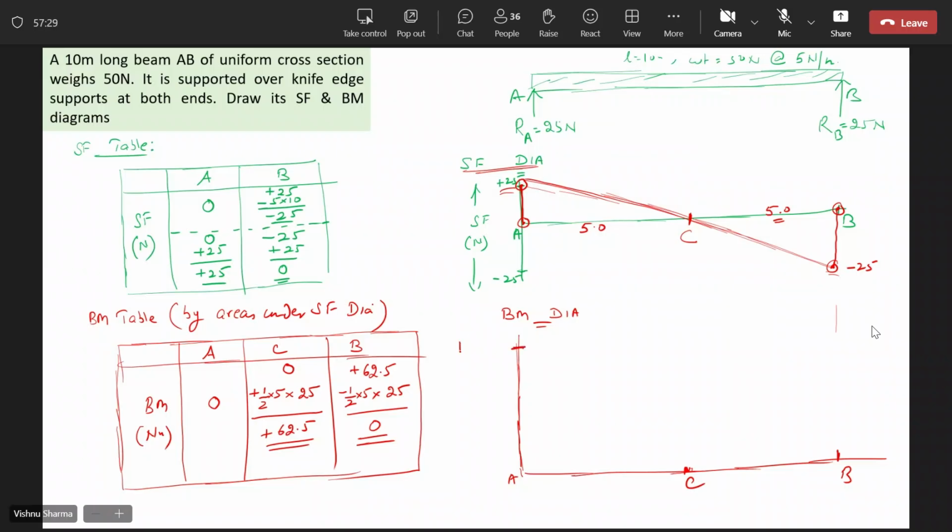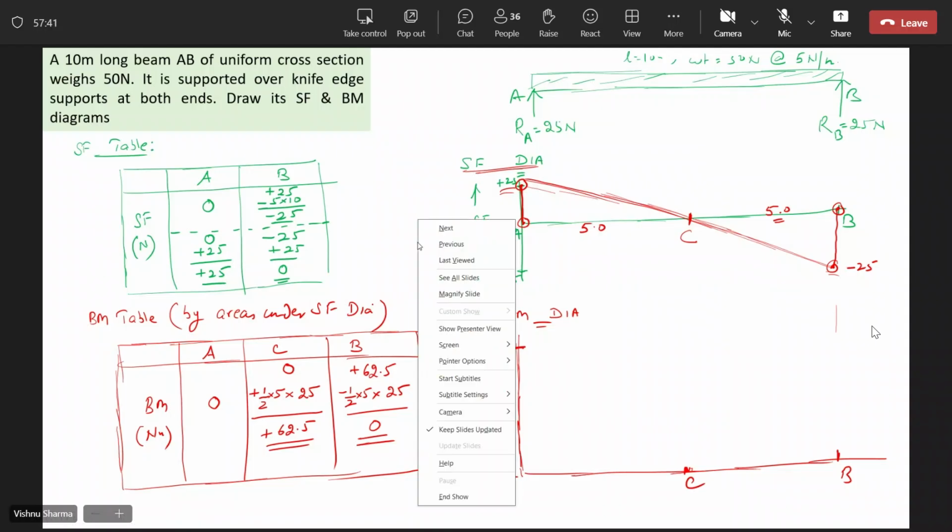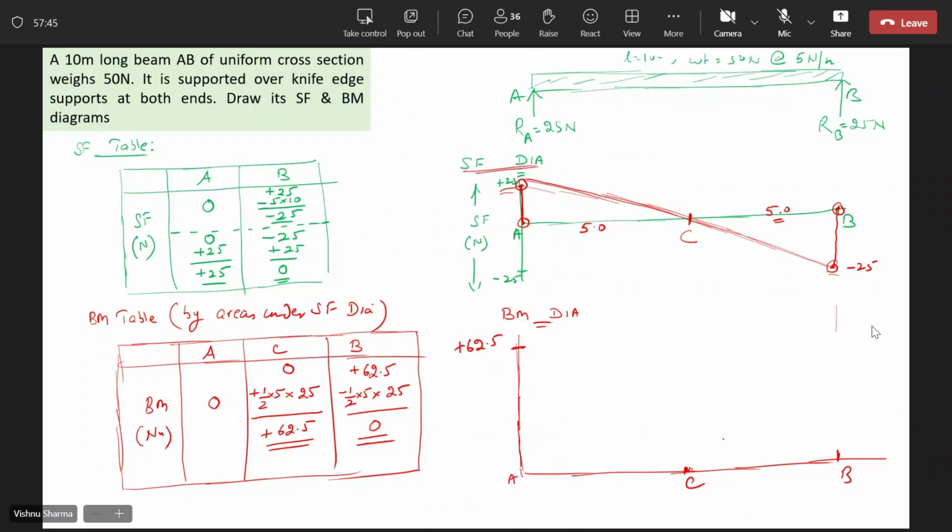You can mark anywhere and mark it like this. Now I'll plot these values. At A, it is 0. At C, it is plus 62.5. At B, it is 0.